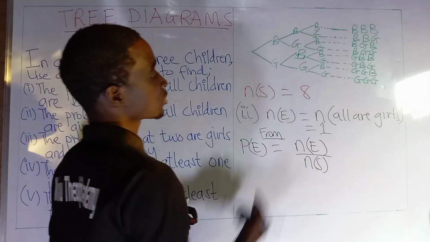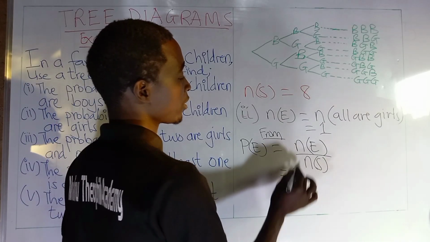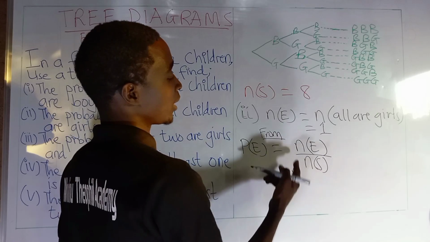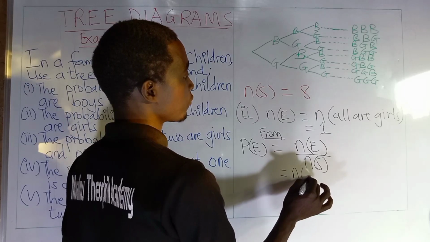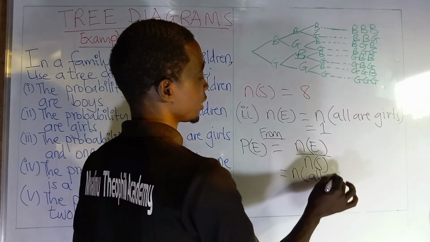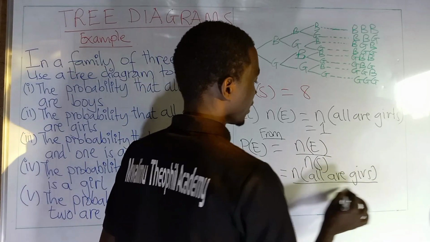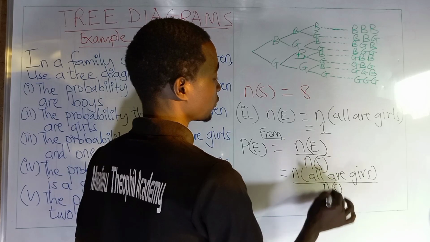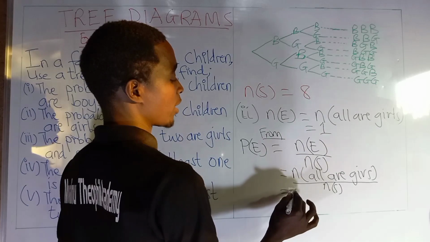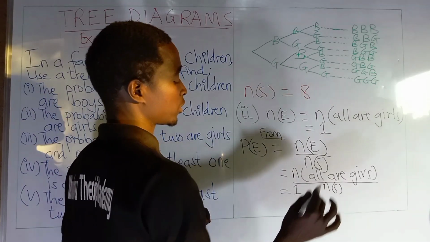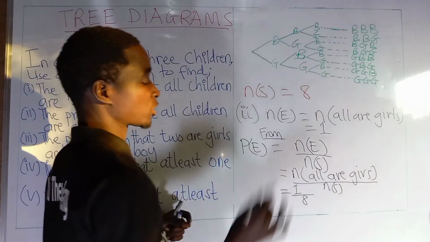So for the case of our problem, our event is the number of all 3 children are girls, over the number of sample space. So how many do we have? We have number of events 1, one possibility, over the total number, which is 8, the number of sample space.